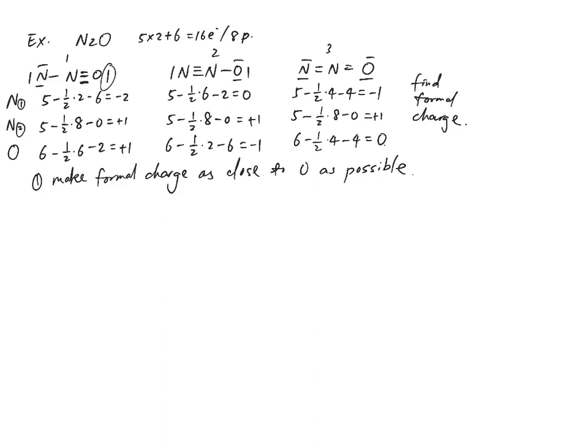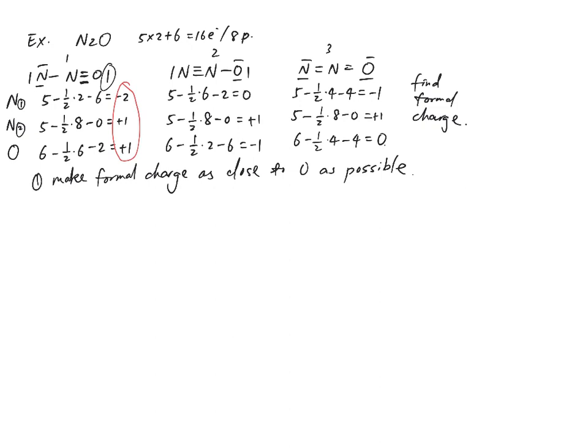And using that rule, comparing the 3 structures, there is one that we can eliminate. Look at this one. Everybody has a formal charge, and you have a formal charge of negative 2 there as well. For structures 2 and 3, you have one atom carrying 0, and the other 2 are only plus 1 and negative 1.